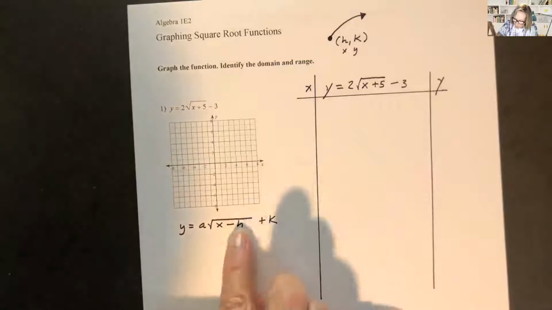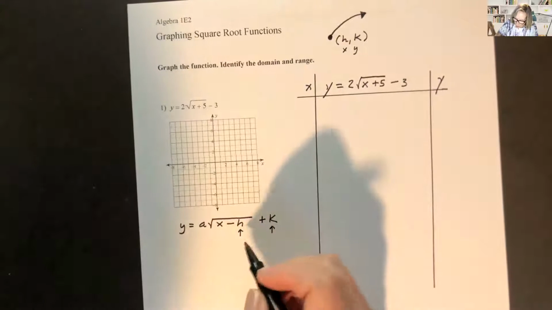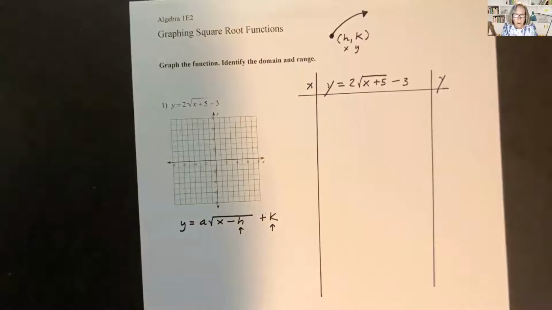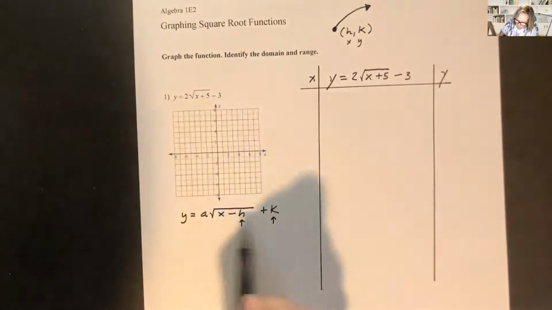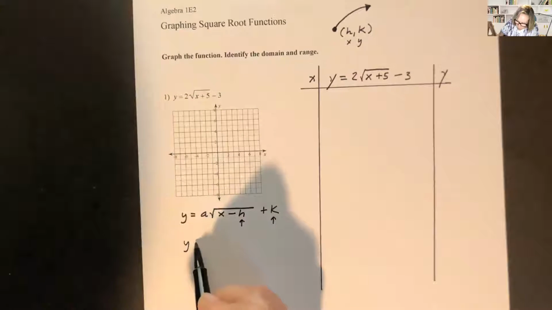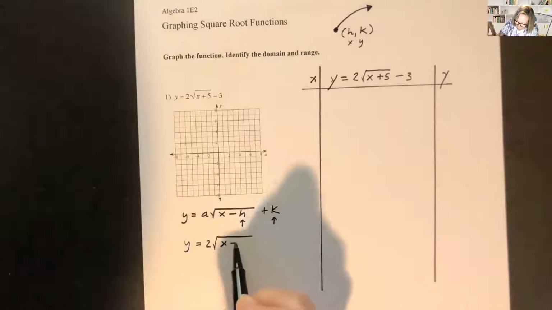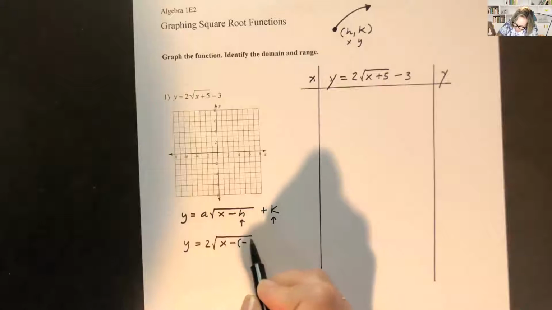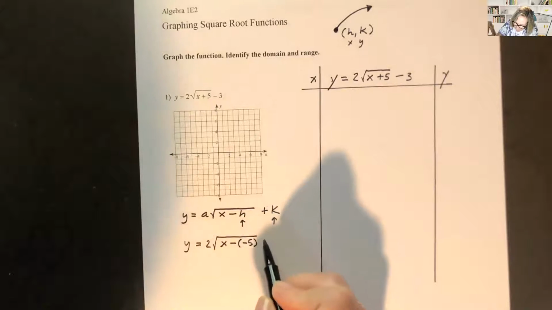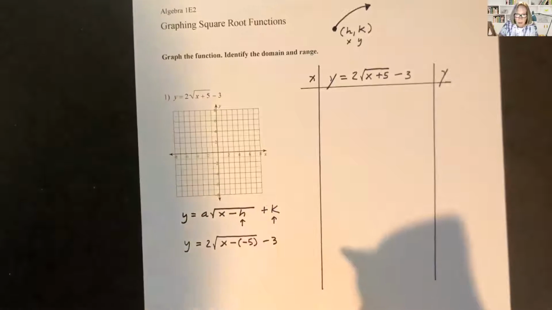And we get our H and our K, our starting point, our X coordinate and our Y coordinate there. So if I rewrite this in a subtractive format under the square root sign, it's 2 times the square root of X minus, and to make it X plus 5, it's like an X minus -5, and then minus 3 out here. And that's where you find your starting point.